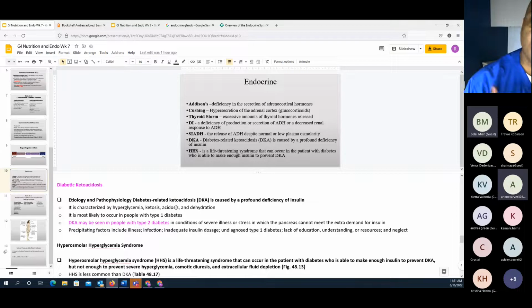What happens is these patients develop increased potassium levels as well, and the hydrogen ions will come out of the cells into the extracellular space, and then the body will move the potassium inside the cell. So these patients become acidotic as well. They become severely dehydrated because the glucose content is very high in the extracellular space, and so their internal environment is hypertonic as a result.